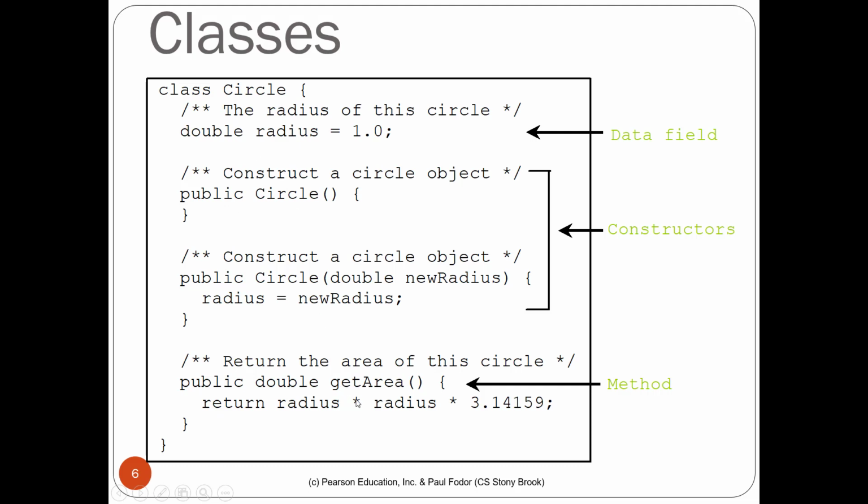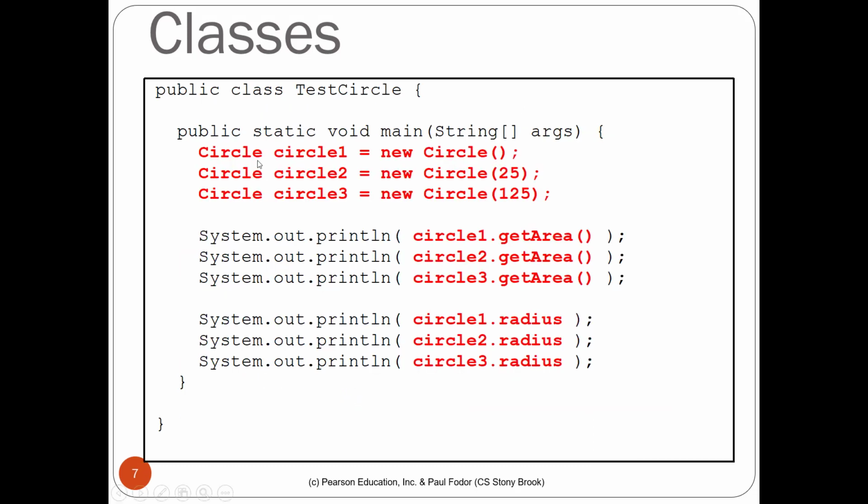So whenever you have a non-static method, you can invoke that method only with the use of the object name. So you will have to call this method getArea only with the help of this object that you have created.